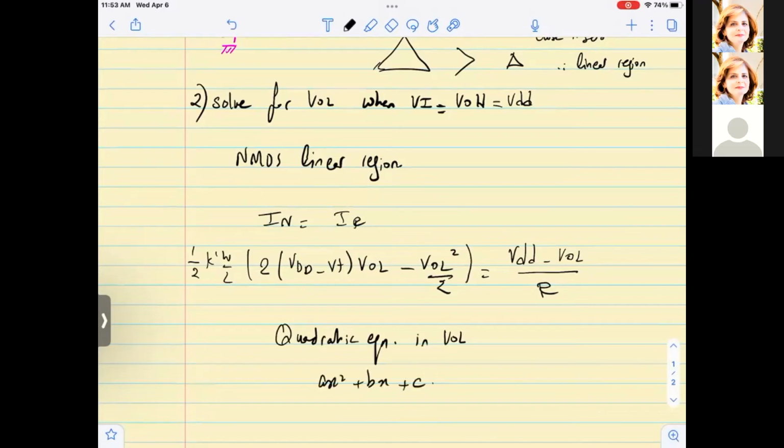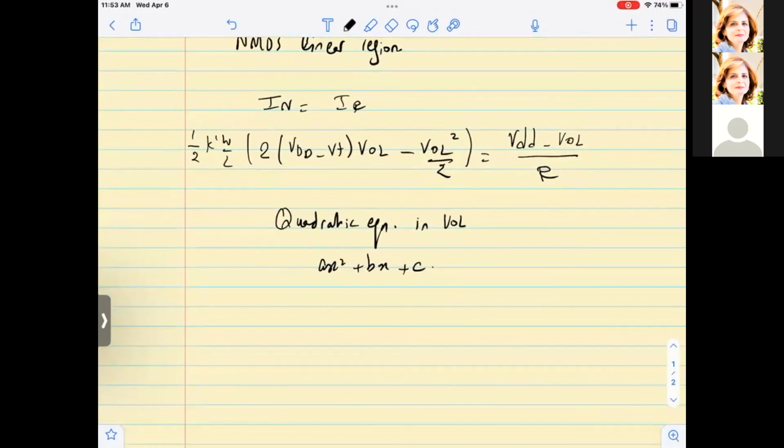In the slides they reduce it to this form and they tell us that according to this, the solution of VOL can be derived from a parameter X, and this you can use directly.